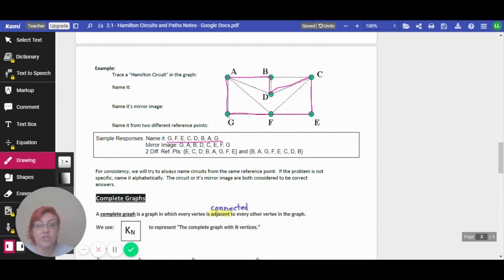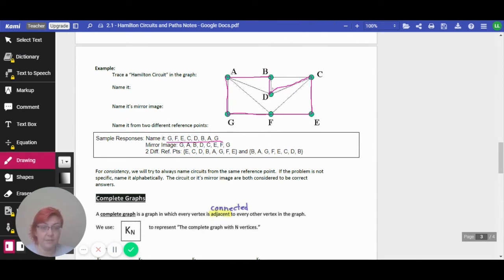Its mirror image then, we would go backwards. G, A, B, D, C, E, F, G. If I wanted to name it from two different reference points, remember that I need to go in the same direction as the original one.